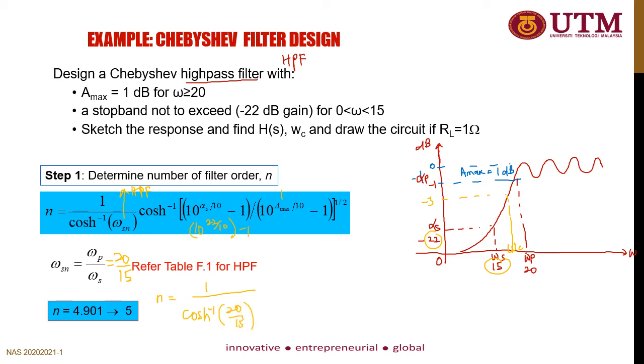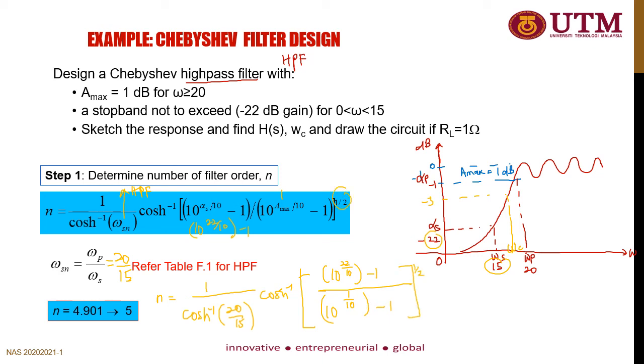Omega P is 20 divided by 15, and then inverse cosh, 10 to the power of alpha S. Alpha S is negative 22, so 22 divided by 10, minus 1, divided by 10 to the power of Mx minus 1. Don't forget the square root here, 1 over 2.